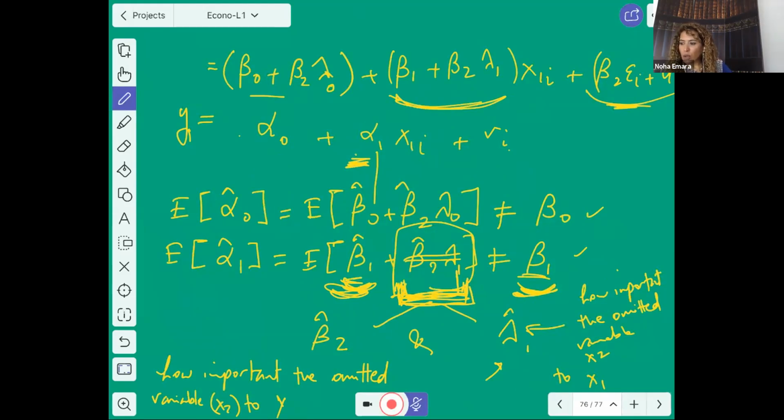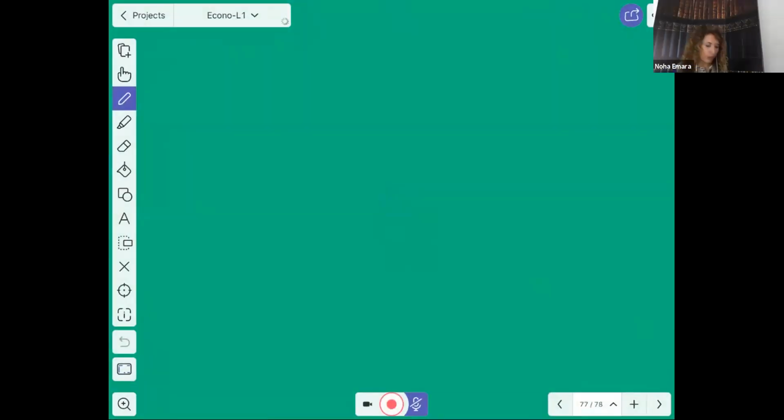Okay, so let me give you an example. Suppose that, and I like this example, it's related to attending class. This example is related to the omitted variable bias.